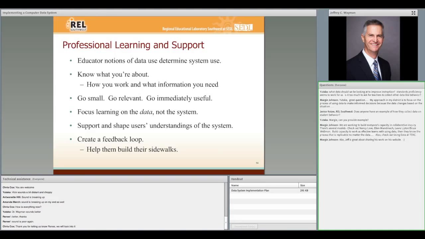What that means is that the educators who are using the system have their own ideas about how to use it, and those ideas are what they look for in the system. Now, the nice thing that we also found is that these notions are not controlled.